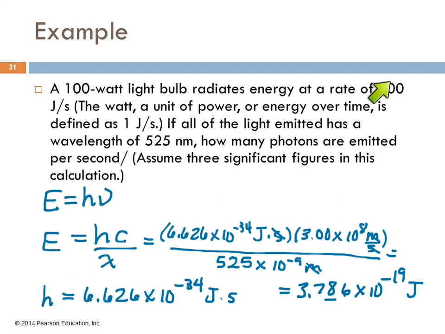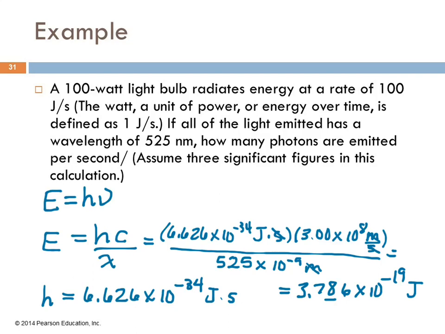Well, this is saying there's 100 joules per second. So if each photon had this many joules, how many would there be in a second if there's 100 joules per second?